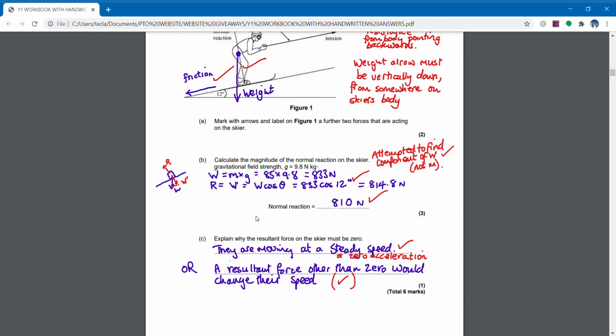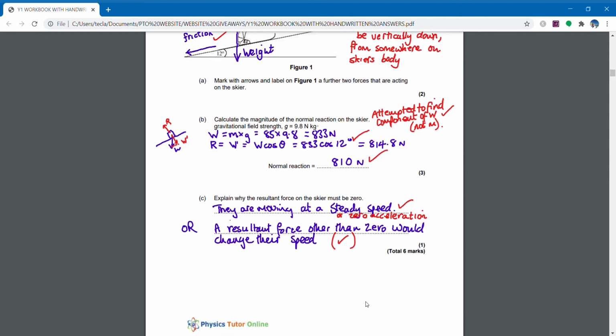C, explain why the resultant force on the skier must be 0. So if they're moving at a steady speed or moving with 0 acceleration, a resultant force other than 0 would change their speed. So it's just one of those statements needed, just 1 mark for that question. So that question is 6 marks in total.